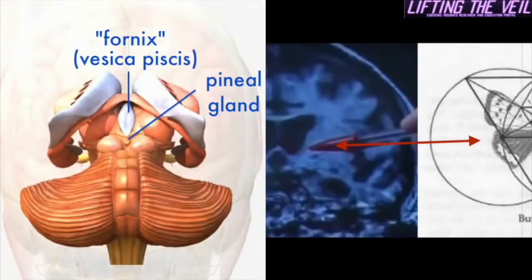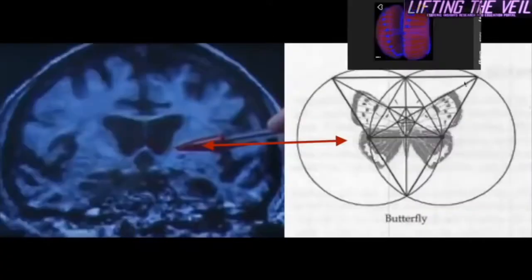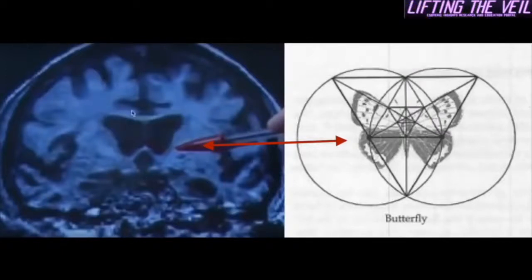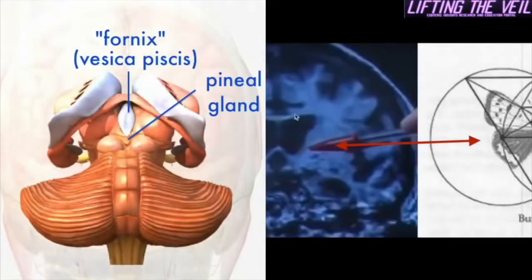I'll show that geometry in a second. Here we can see the Vesica Pisces related to the geometry of a butterfly, relating to the innermost chamber, the first, second, and third ventricles of the optic thalamus.